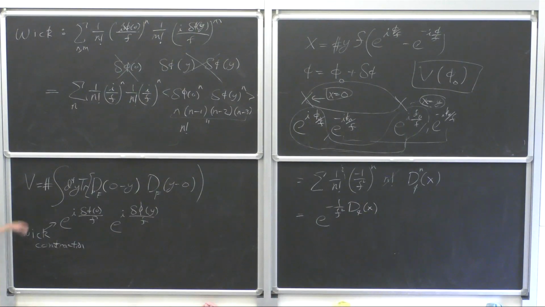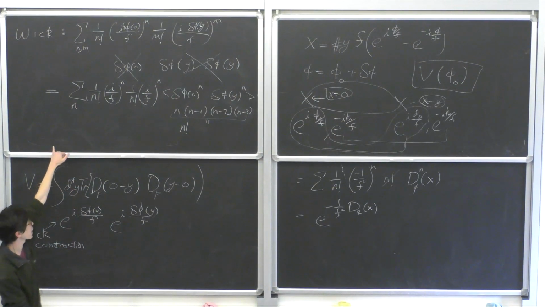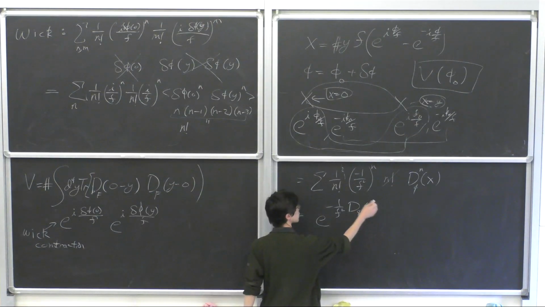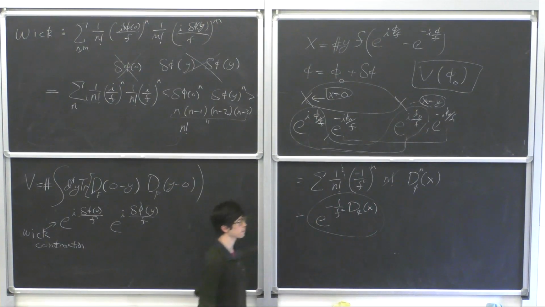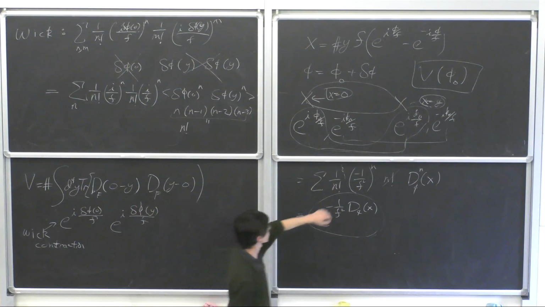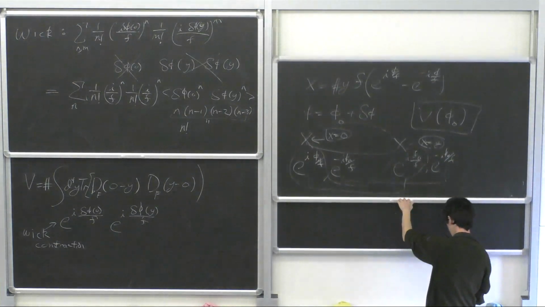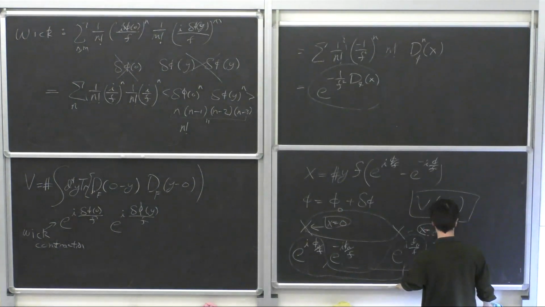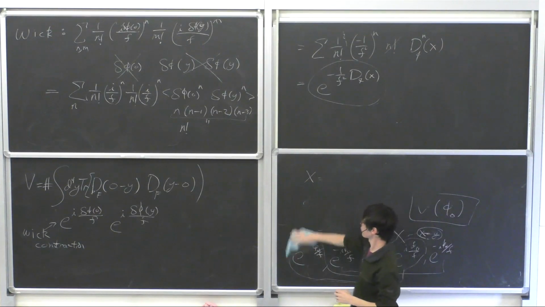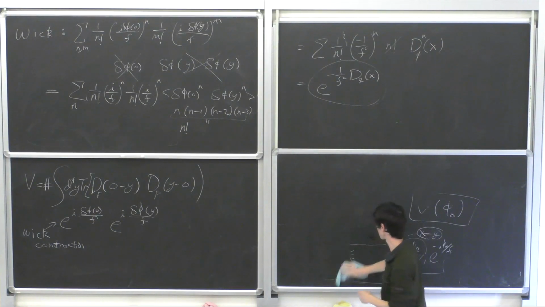So all of these diagrams that I guess I just erased, when you add them all together, they add up to this exponential. And I have it over here, great. So we can now write down what the Coleman-Weinberg calculation is now that we've kept all the symmetries of the problem.